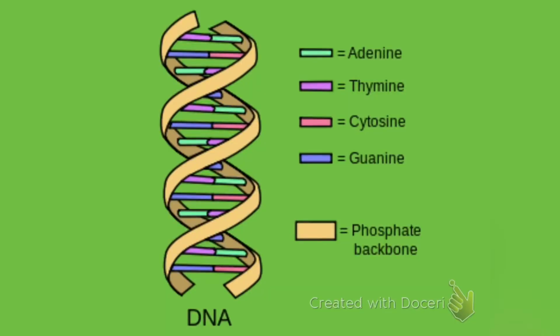To put that into a picture, I give you this. Now, this picture is very clearly color-coded, with the phosphate backbone that makes up the backbone of the twisted ladder, double helix structure of DNA, being color-coded in yellow, and the various nitrogenous bases that form the quote-unquote rungs of this twisted ladder in various colors.